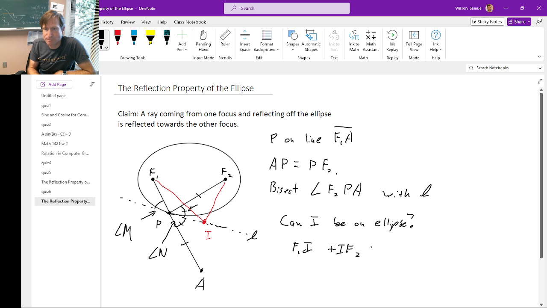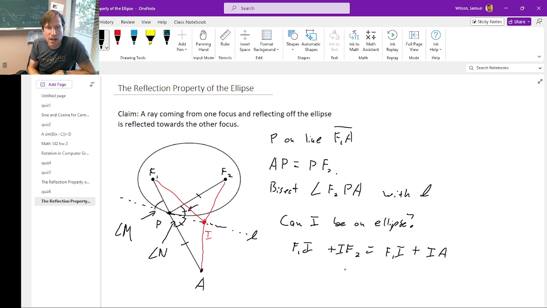Okay, well, because this line L bisects this angle, the distance from I to F2 is equal to the distance from I to A. So this F1 to I we're going to leave alone, but the distance from I to F2, that's the same as the distance from I to A. Okay, because this is an angle bisector.